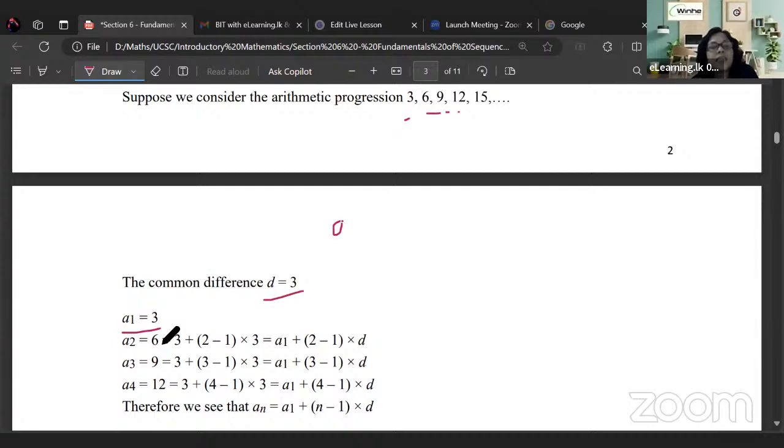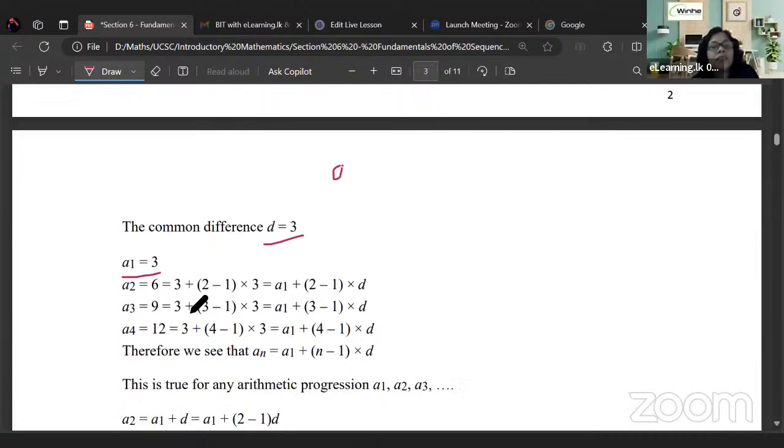Second term is 6, which is equivalent to 3 plus 2 minus 1 into 3. Third term is equivalent to 3 plus 3 minus 1 into 3. Fourth term is equivalent to 3 plus 4 minus 1 into 3.